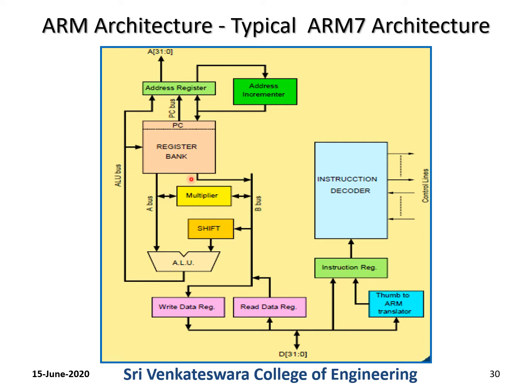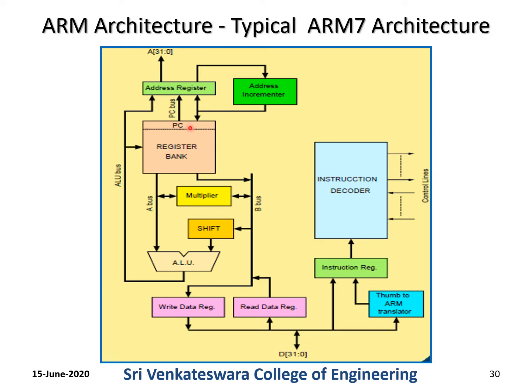So the ARM processor supports instructions where arithmetic and logic operations can be performed on two operands, and one of the operands can be either multiplied with some other value and then the ALU operation performed, or the barrel shifter can perform some rotations or shift operations, and then an arithmetic logical operation can be performed. So this multiplier and barrel shifter are special kinds of circuits which are available in the ARM architecture.